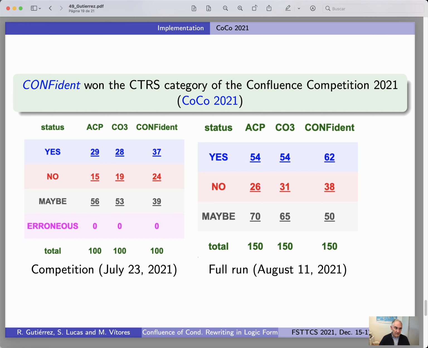We have implemented our techniques as part of a new tool, Confident, which uses other systems like InfChecker, MuTerm, or Prover9 as auxiliary tools to check the conditions for the application of our results. This approach has been proved useful by means of experiments, in particular during the last Confluence competition. As a subject for future work, we plan to apply our ideas to the analysis of confluence of rewriting-based programming languages like Maude. Thanks for your interest in this work.